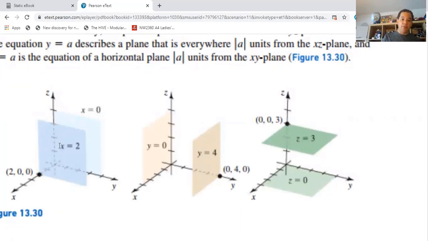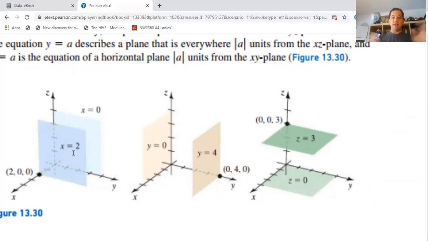So this first example over here is an example of what kind of plane you get when you let x be constant. For example, the one in the forward of the picture is the plane with equation x equals 2, because every point in this plane has x coordinate 2, and the y and the z coordinate can be whatever you want.